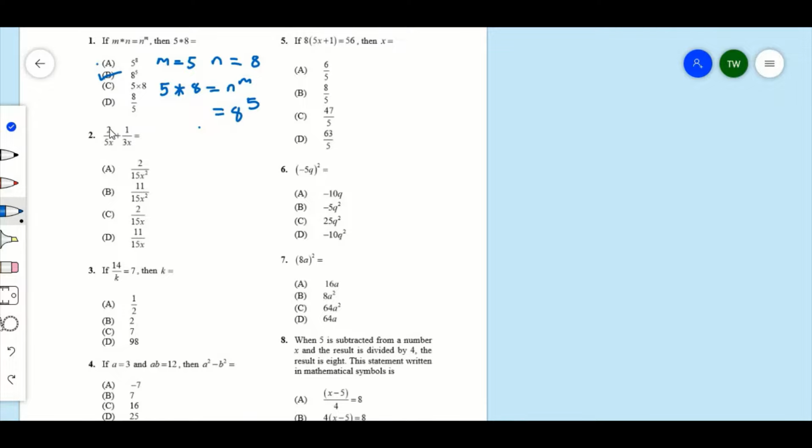Number 2, 2 over 5x plus 1 over 3x is equal to. What we're going to do is find a common denominator. A common denominator for 5x and 3x is going to be 15x.